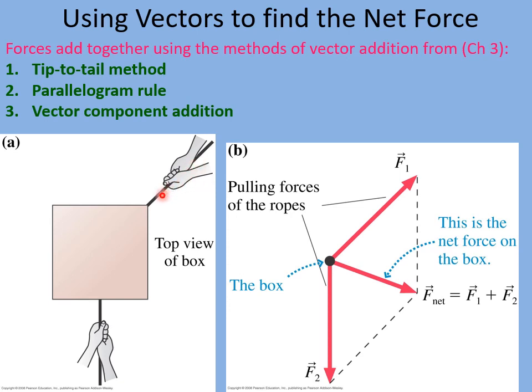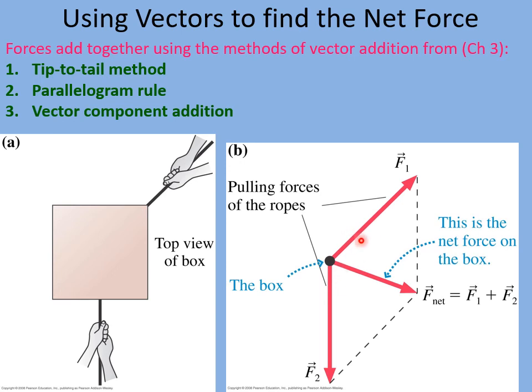So the question is, what is the net force on this box here? Well, if we were to assume that these two forces from the ropes, the tension forces, are equivalent, we can draw them as F1 for this person's force here, and F2 would be the tension force from this person pulling on the rope. So what we have to do then is add these two forces, because remember, forces are vectors.